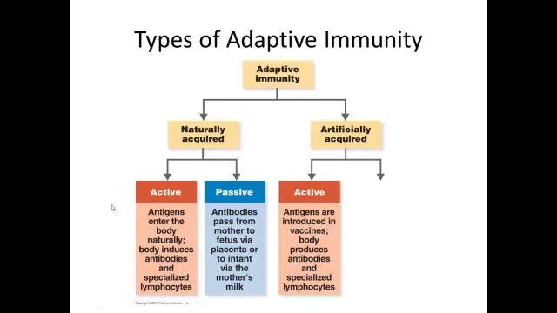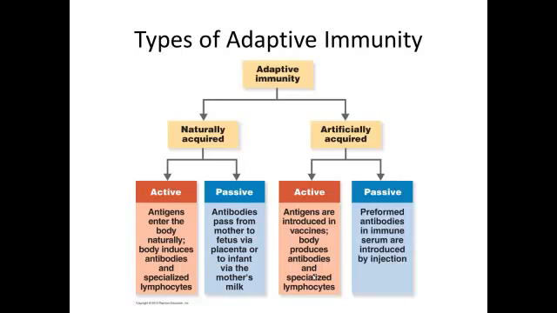So with naturally acquired active, you may get sick first. Then you don't necessarily get sick later. But with vaccines, the hope is that you never get sick, that we've stimulated your immunity and you don't get measles and whooping cough or hepatitis ever.